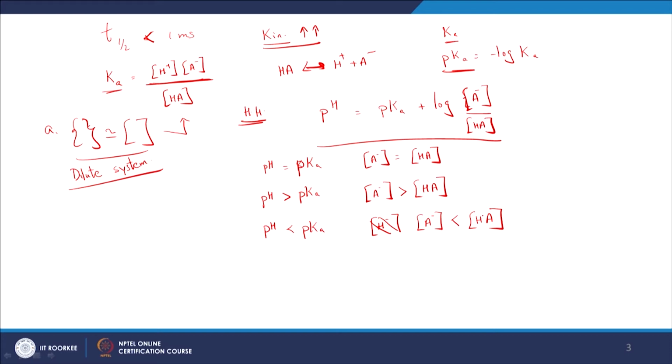So what does this mean, I guess? And for this particular case, for any concentration, this obviously is independent of the total concentration of your acid that you have initially, let us say, right.